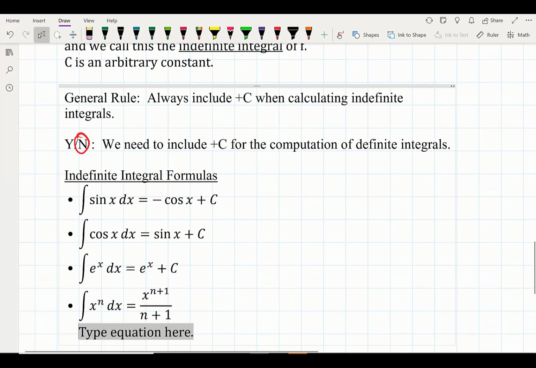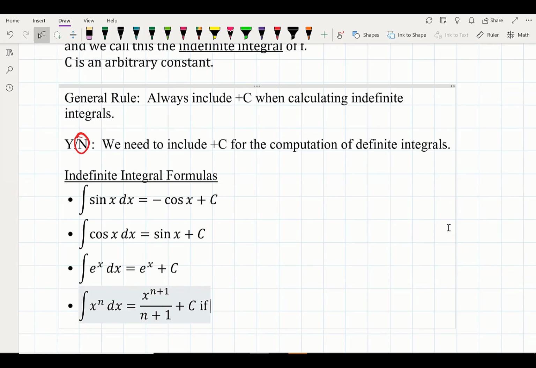If, that is, the power is not negative 1.